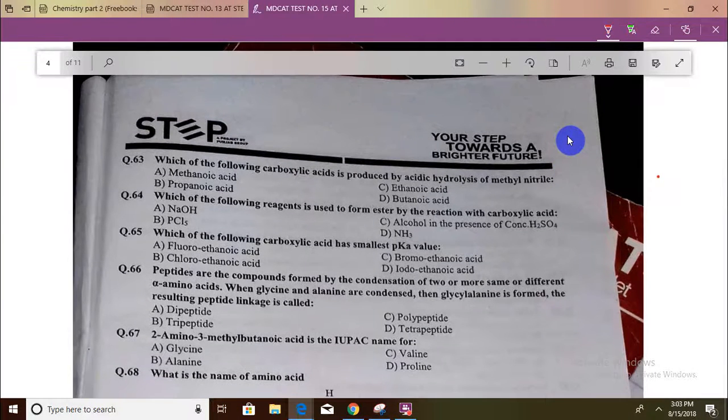And these are a bit tricky. There are different ways of saying this because nitrile suggests the presence of this.